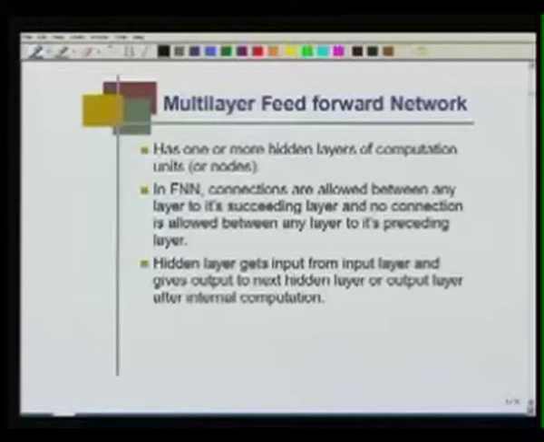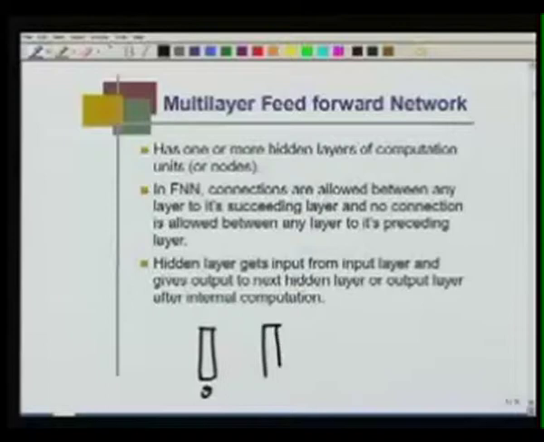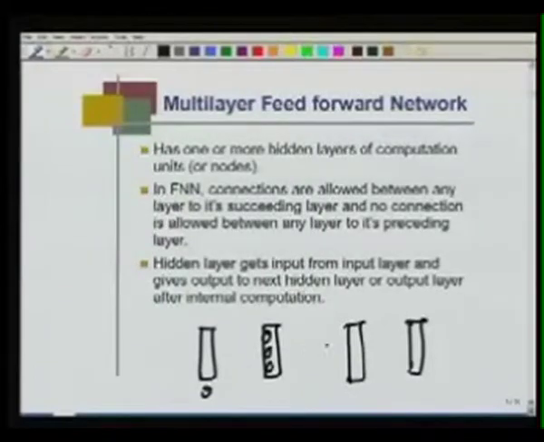So, the multi-layered feed-forward network that we have already discussed. We talked that you have an input layer and then you have many layers, and these layers have many neurons. And these are all input signals coming here and they are fanned out.